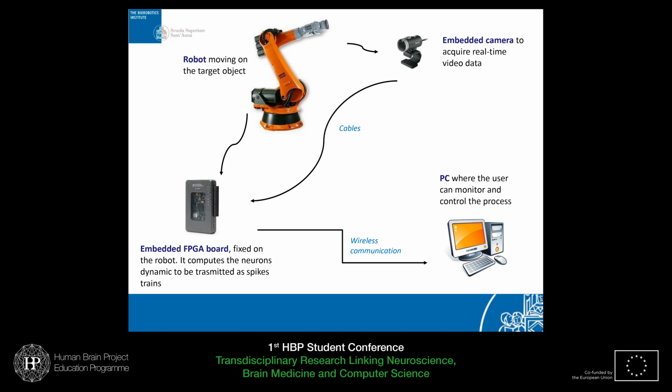On the FPGA board, the algorithm I explained before is running, converting the feature, in our case the color of the video, into spiking rates. These spiking rates, in the form of compressed information, are transmitted using a wireless protocol to a computer where the user can monitor and control the whole system.